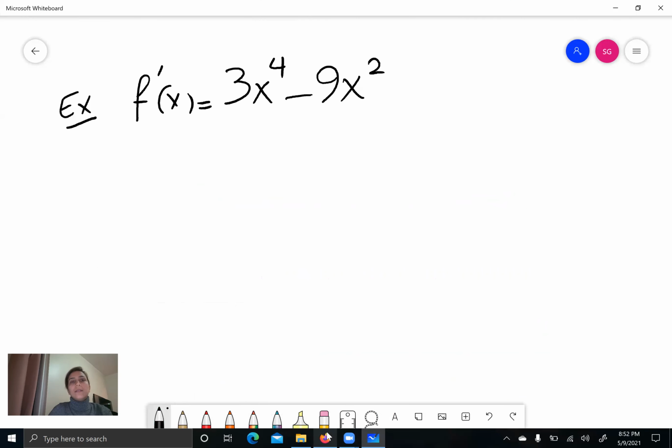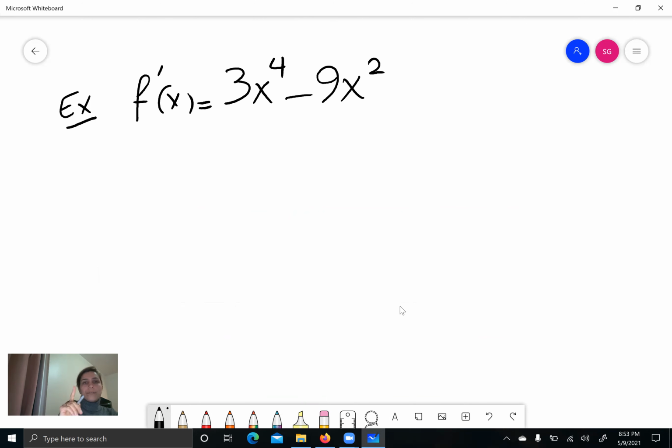And okay, I know what the question asks for the rest. We need to use the first derivative and second derivative tests in order to identify the extreme values and possibly sketch the graph of this function. We don't know the formula of the function, but we have the formula for the first derivative.